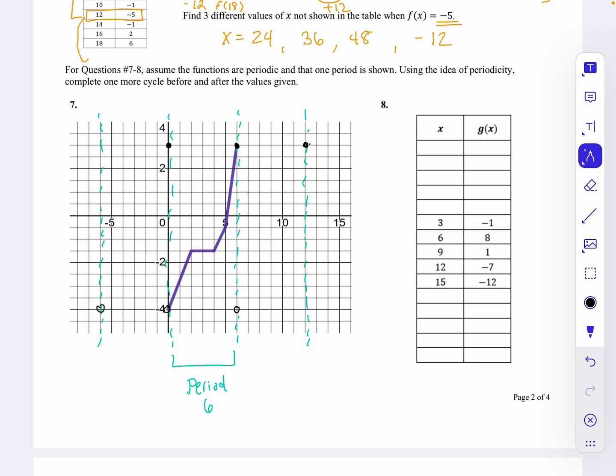Then I can mark a few more points in there. I have this line segment right here, and that has a slope: it travels up 1, 2, 3, 4, 5 of these squares and over 2 squares. So I can do the same thing, 1, 2, 3, 4, 5, and then over 2, and I'm going to have a point there. We're then constant for 2 squares over.